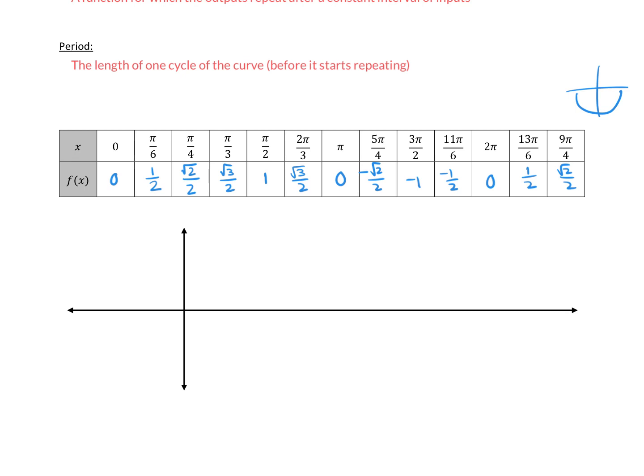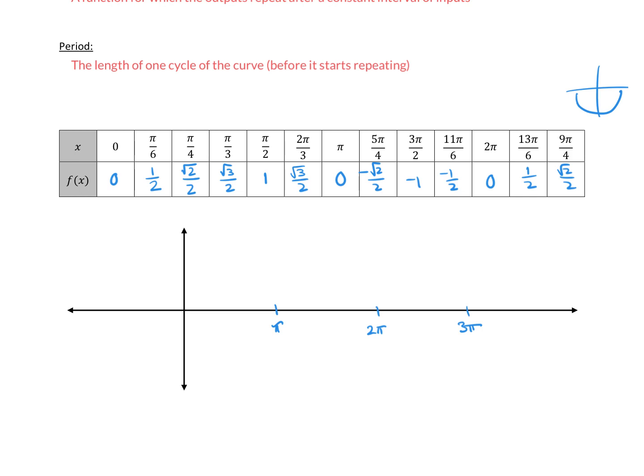We are going to have our x-axis be the angle measures. So I'll just count by pi's to start. So here's pi, here's 2 pi, here's 3 pi. I guess we didn't get all the way up to 3 pi, did we?